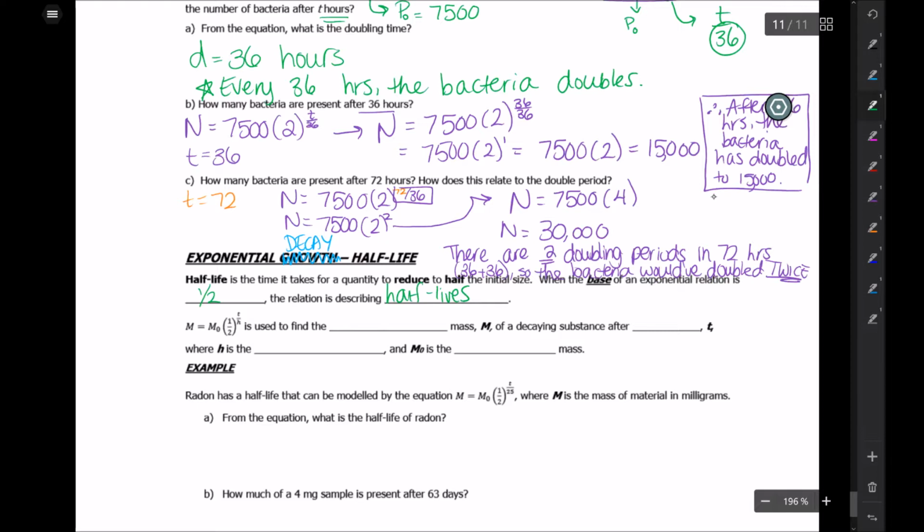It's almost the same thing, except this time the base isn't 2, it's 1/2. So it's used to find the remaining mass, because this time it's decreasing, so it's what's left over, of a decaying substance after t time, where h right here is the half-life, like how long it takes.